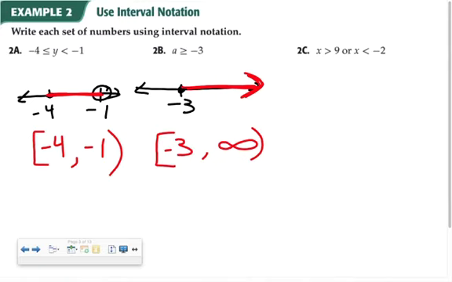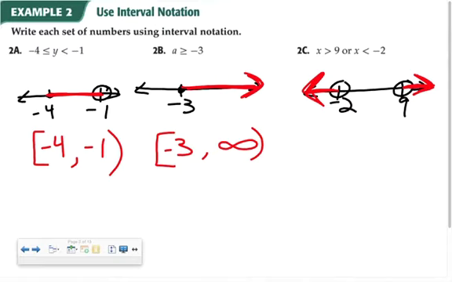Part C, I've got my number line with -2 and 9, and they are both open circles, and x can be greater than 9, or x can be less than -2. So when we're doing interval notation, remember, we're showing what would be shaded in on the number line.